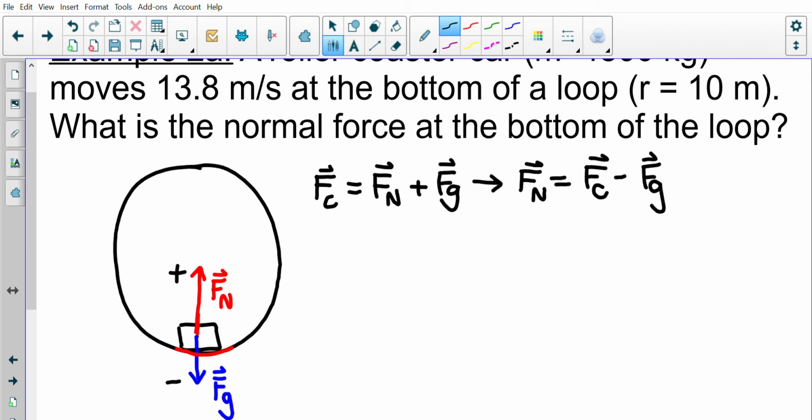And again, we're going to go ahead and calculate Fc and Fg. So Fc is mv squared over r. Now when you do this, don't put negative values in, just keep everything positive. And so the mass of the roller coaster car is 4,800 kilograms.